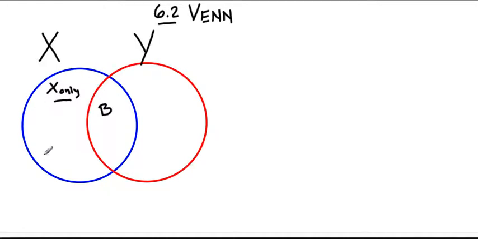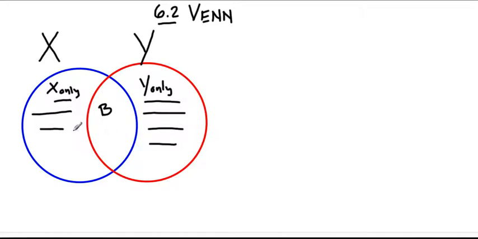And in the center is both. On the far right is Y only, and these are the numbers. So over here we have cats only, and over here we have dogs only. But in the center we have both dogs and cats. There's also a total number of people.